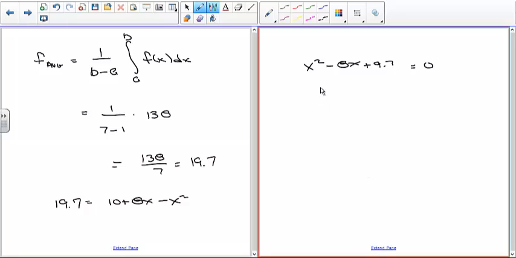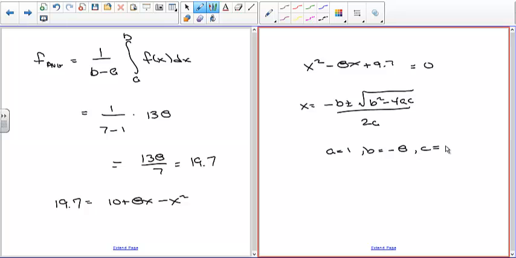Obviously, I'm going to have to use the quadratic formula. It says x equals minus b plus or minus the square root of b squared minus 4ac, over 2a. For our particular case, a is 1, b is negative 8, c is 9.7.